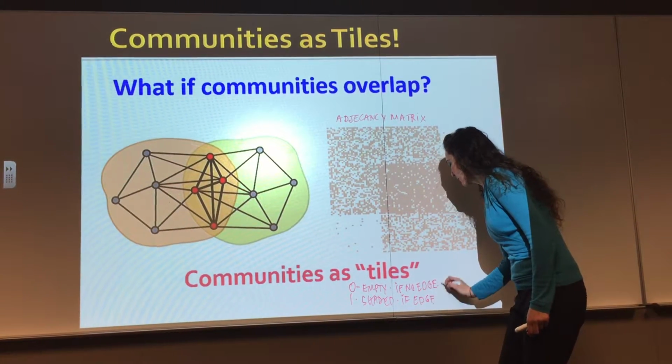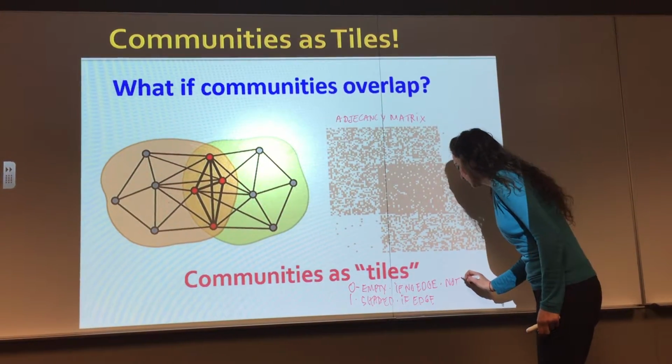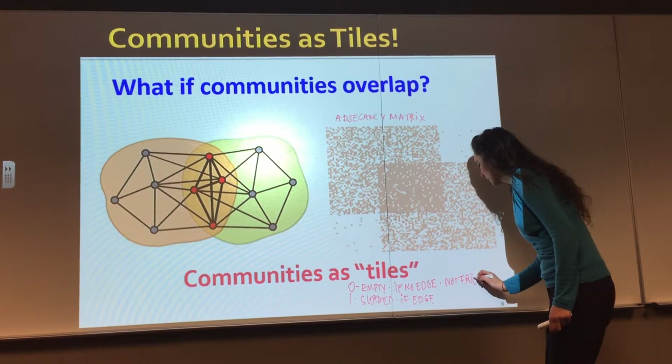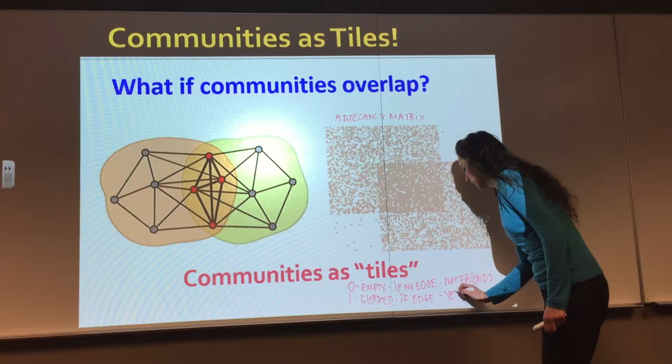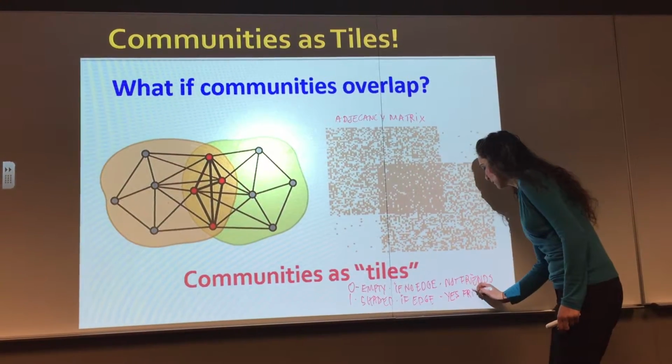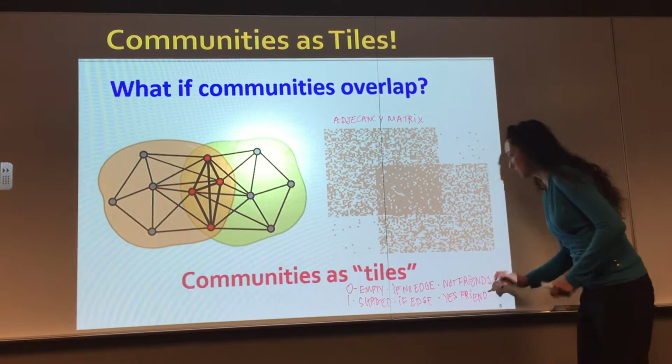In other words, if we're talking about social networks, they are not friends if it is empty, and yes, they are friends if we have a 1 or shaded area.